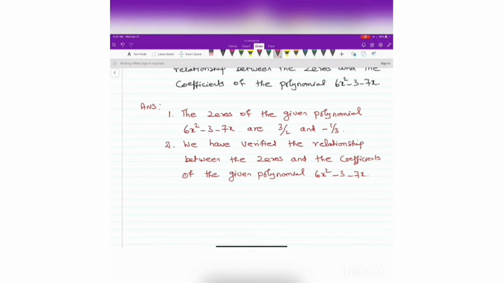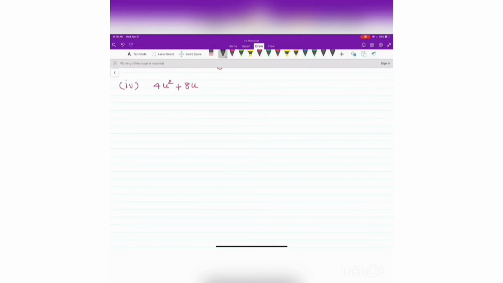Now, let us pass on to subdivision 4. The fourth subdivision, 4u square plus 8u. Let's do it now. Solution. Here, the given polynomial is in u.